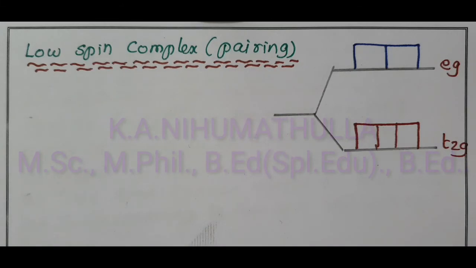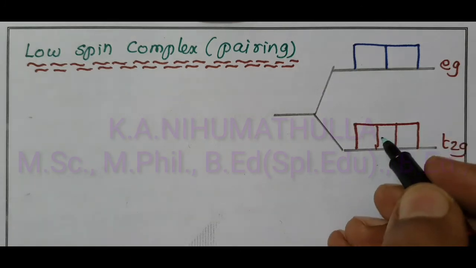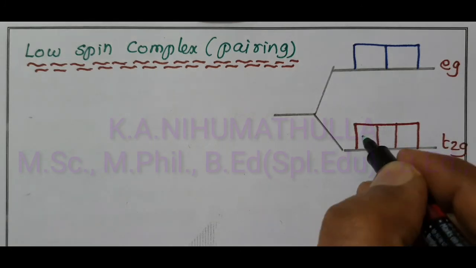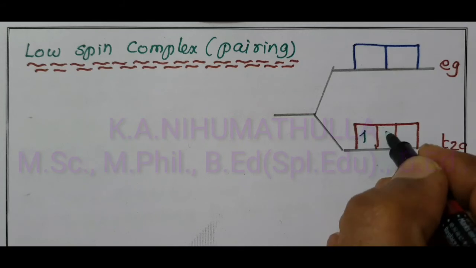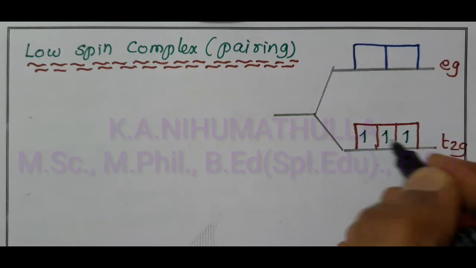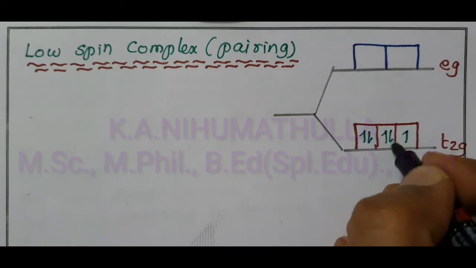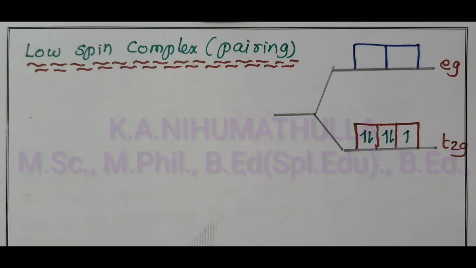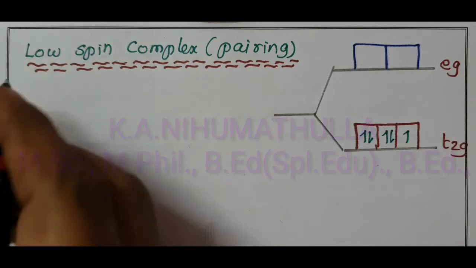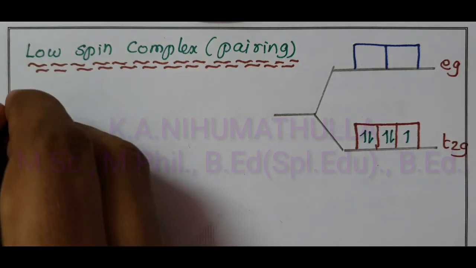We have 5 electrons in the d orbital. With pairing, if we fill the electrons 1, 2, 3, 4, 5, all 5 electrons are filled in the t2g triply degenerate level.